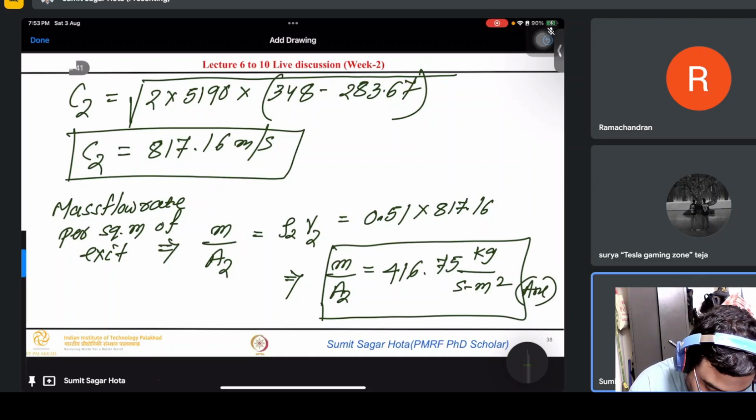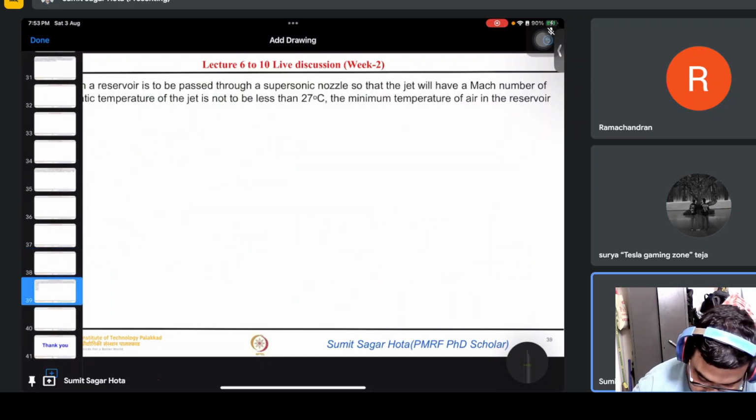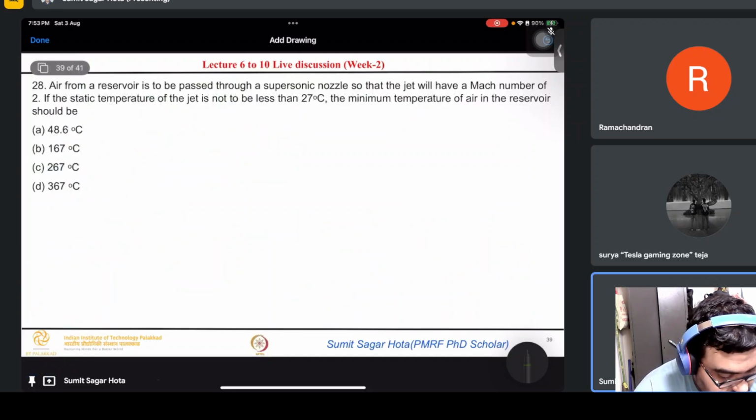Now let's go to a small question, then we'll end. The air from a reservoir is to be passed through a supersonic nozzle so that the jet will have a Mach number of 2. If the static temperature of the jet is not to be less than 27 degrees Celsius, then the minimum temperature of air in the reservoir should be what?